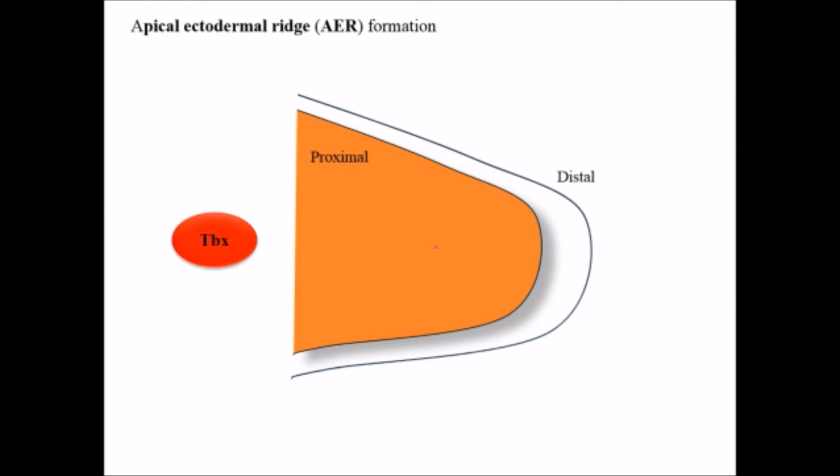What happened? First of all, TBX will induce the synthesis of fibroblast growth factor 10 in the mesenchymal cells, and it will then induce the formation of the AER, the apical ectodermal ridge, from the distal part of the limb bud.